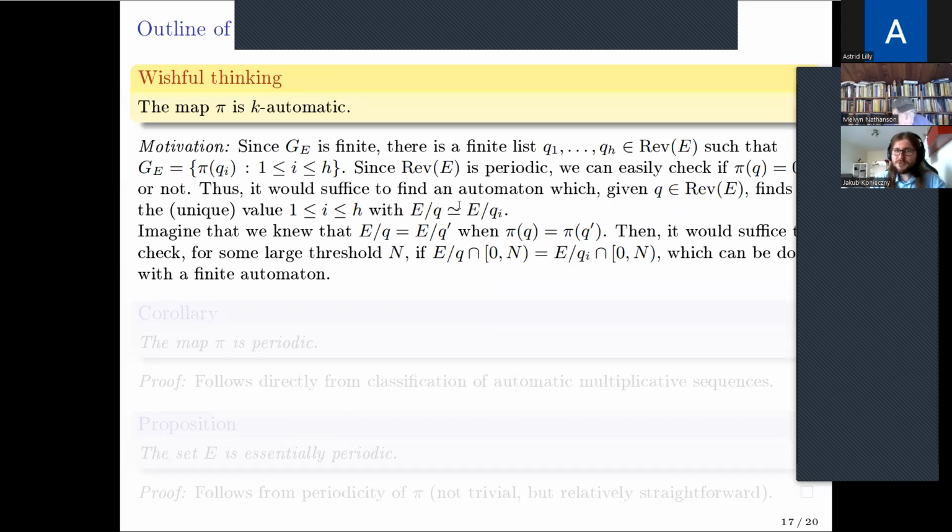Now, if we knew that for Q and Q prime with the same image in the group, those sets E divided by Q and E divided by Q prime are exactly equal, then in order to verify this condition above, it would suffice to check that those two sets agree on a sufficiently long interval. And this is something that a finite automaton can do.